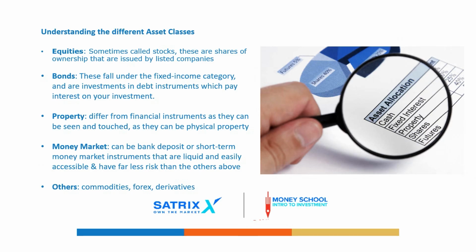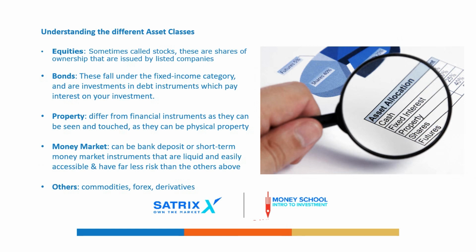To start, equities, probably the one you hear about quite a lot. Sometimes these are called stocks, and these are shares of ownership issued by listed companies. A company will be listed, for instance Naspers or Absa or Kumba, Exxaro, whatever the listed company is, and people buy into the company by holding shares and having ownership of the company.